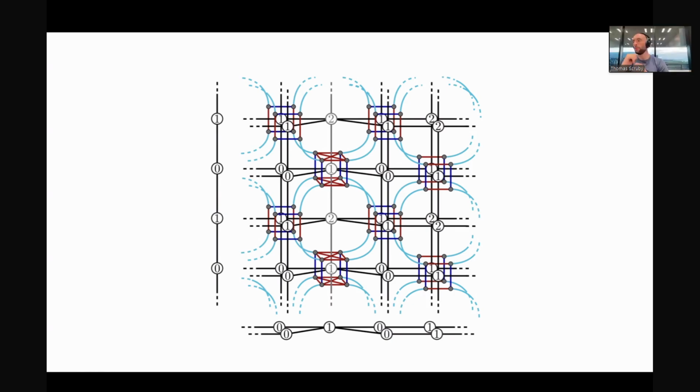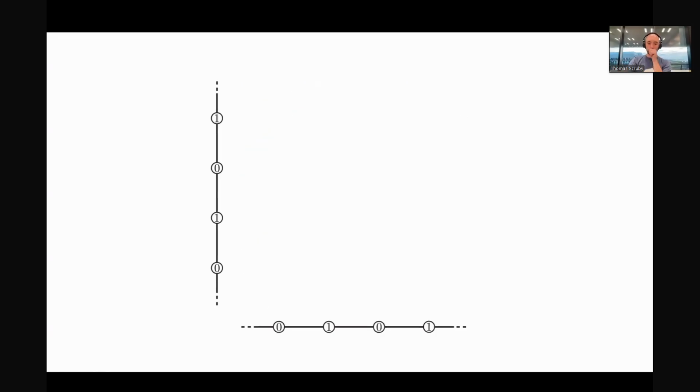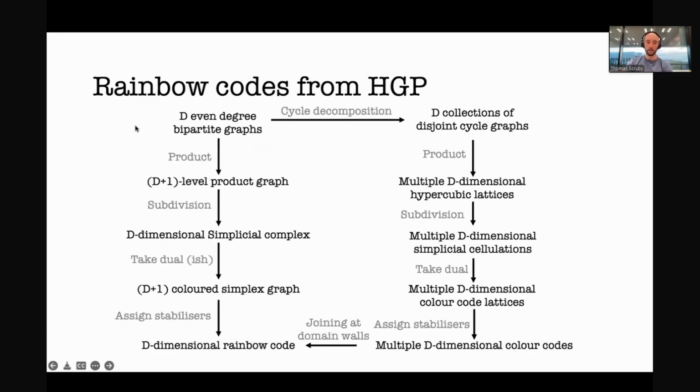What I'm doing here is I start with these graphs. I do the decomposition so that I have all these disjoint cycles. And then it commutes with the product. Actually, it commutes with all this stuff. So what I do at the end is the inverse of whatever decomposition.